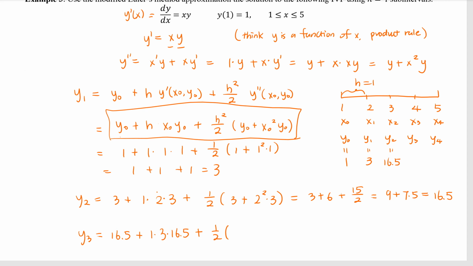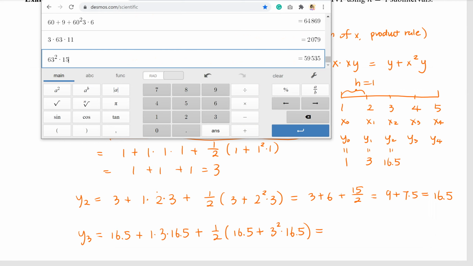Here we have 16.5 plus x, 3 squared times 16.5. Because the last two steps are very easy to calculate, but now let me teach you how to plug in your calculator, and we can save some work for the future.